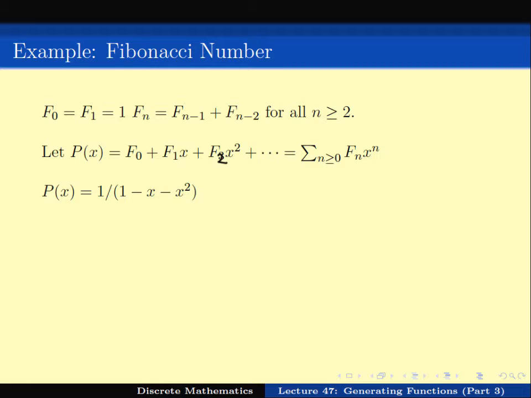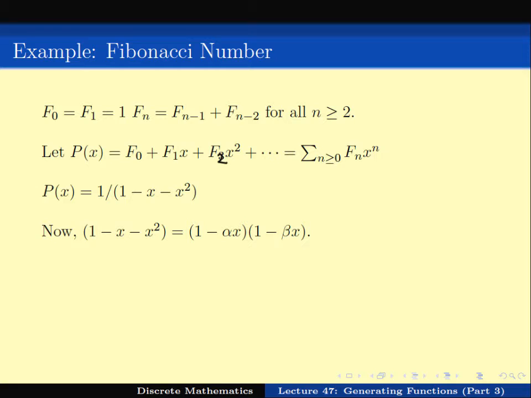If you remember last time, it was 1 by (1 minus x) into (1 minus 2x), and we wrote it as a sum of two reciprocals of two linear functions. But here we cannot do that. We have to do something similar, but we do it carefully. So the main way of doing it is to first factorize 1 minus x minus x squared.